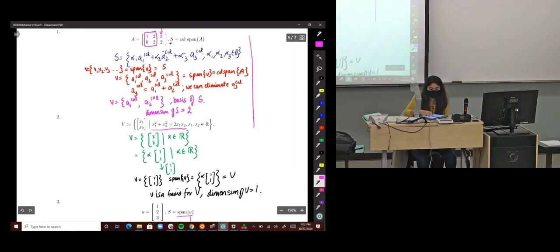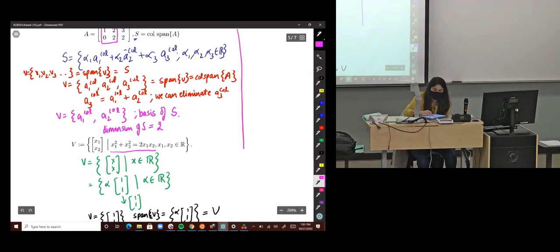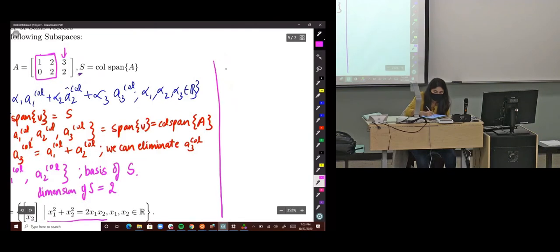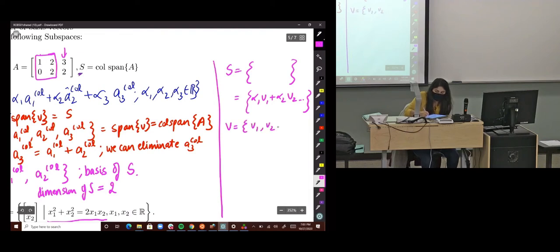What you want to do is step 1: write down the set S as a set of elements. Then write down the different elements in S as a linear combination of some vectors. Then define a set small v, which picks out all these vectors v1 to vk.